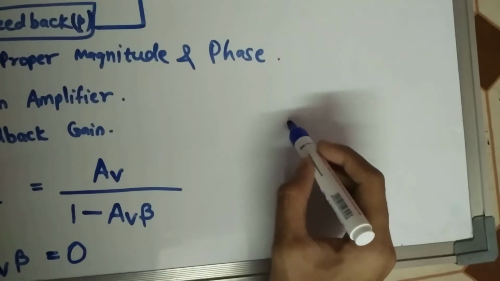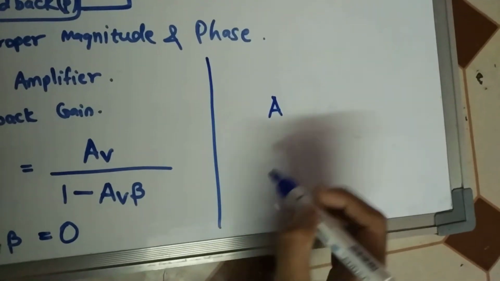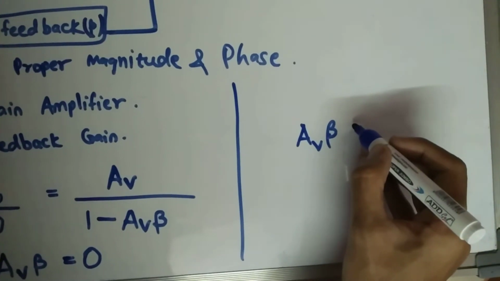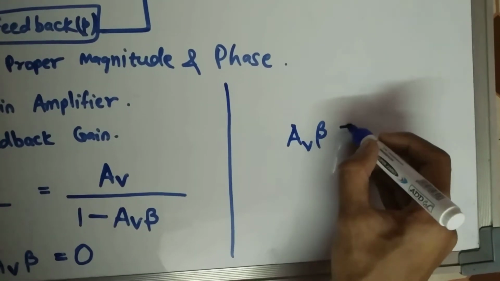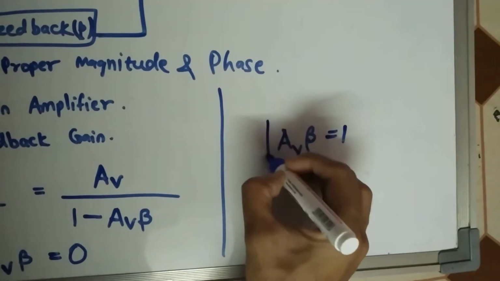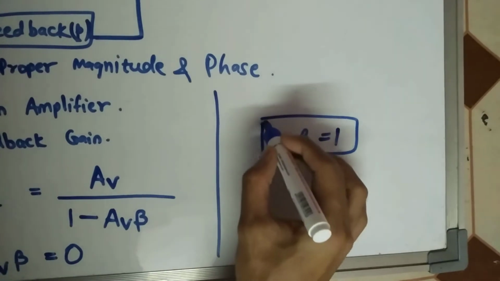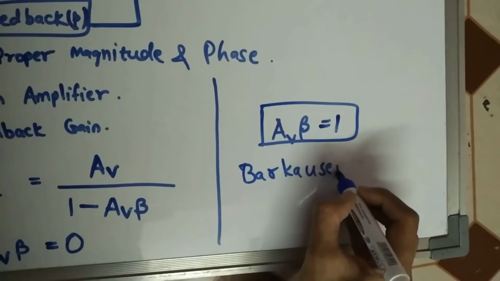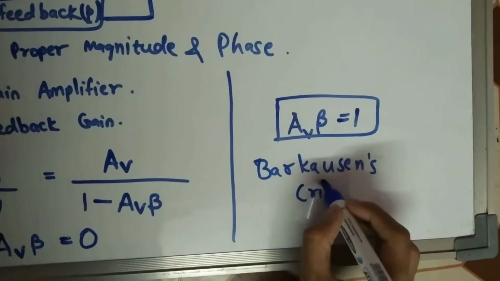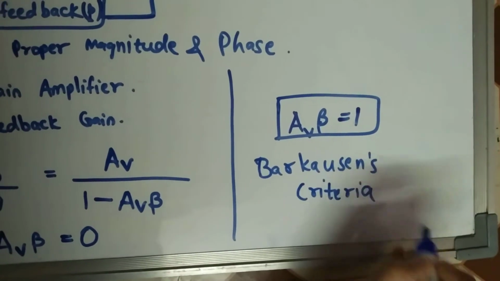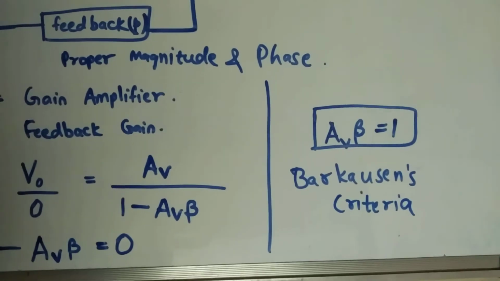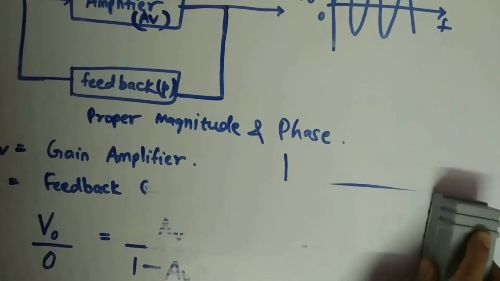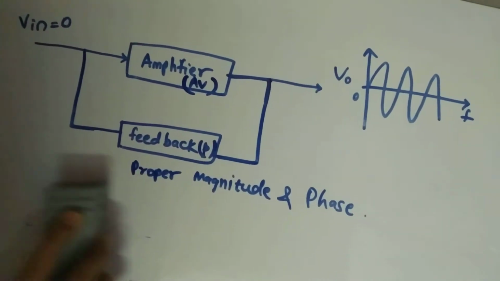So the final expression is gain of the amplifier into feedback gain is equal to 1. This is the Barkhausen criterion. Now you understood the Barkhausen criterion.